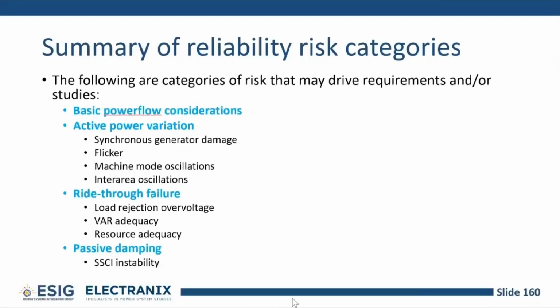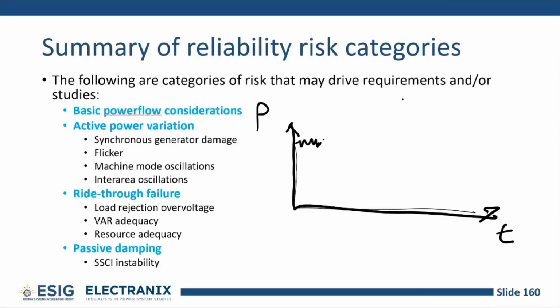so we have our time and our power. What we're worried about with these training loads is essentially we have some load like this, and it dips down, comes back up like this.